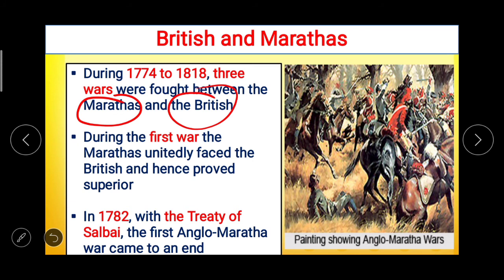During the first war, the Marathas unitedly faced the British and proved superior. But as we know, the policy of the British was divide and rule, and they succeeded in that. So in 1782, with the Treaty of Salbai, the first Anglo-Maratha War came to an end.